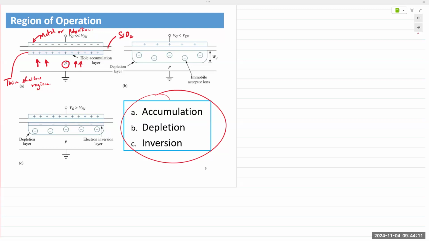Now, obviously, the charge carriers cannot go through the oxide. The oxide is what is separating the gate from the channel. Now, as the gate voltage is increased in value, meaning going from negative towards positive value, here the gate voltage is negative. Here it is increasing in value.